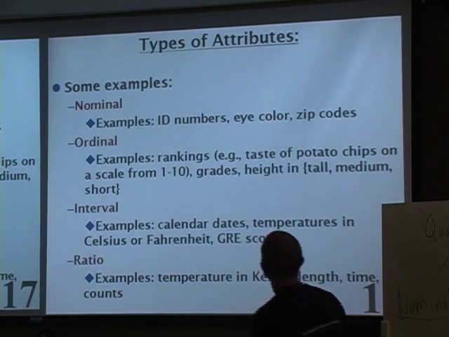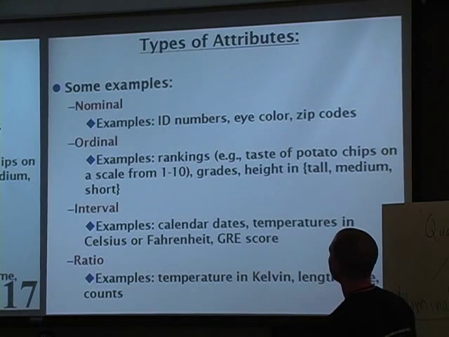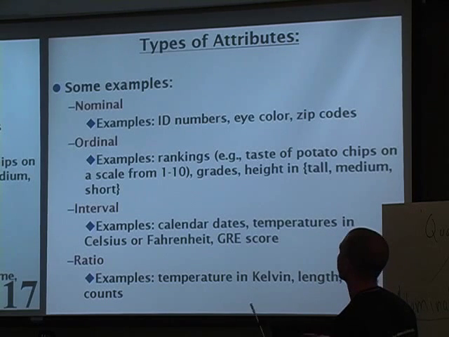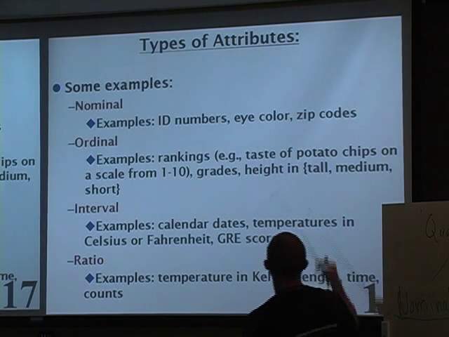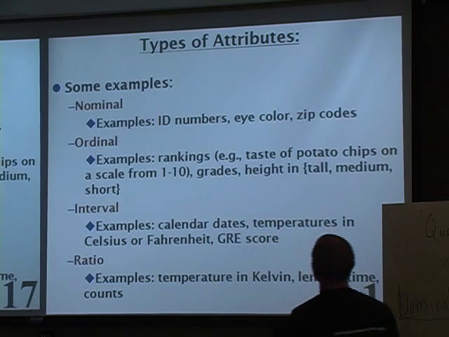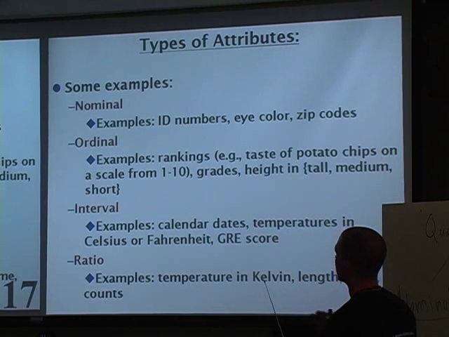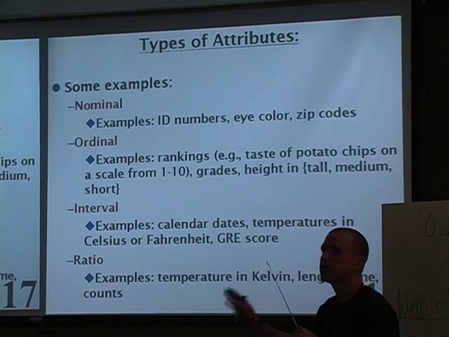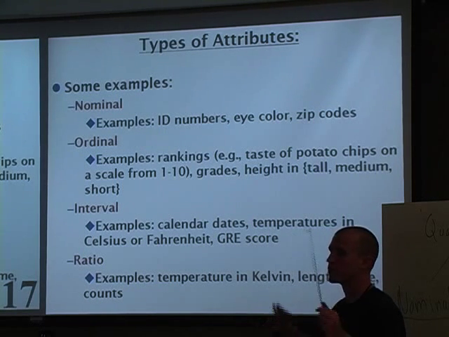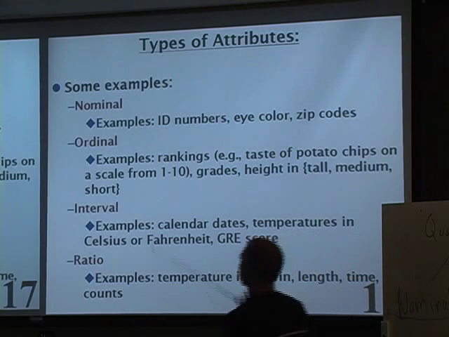Zip code: does it mean anything? You might say the lower numbers are on the East Coast. Well, if it means something to you, maybe it's ordinal. But in most cases, the order of a zip code would have no meaning to you. Basically, you could do a permutation, an isomorphism, where you permute all the numbers and you haven't lost any information. If that's true, it's nominal.